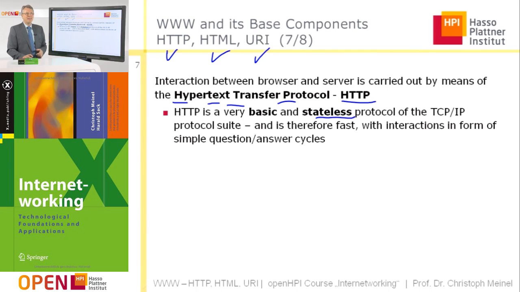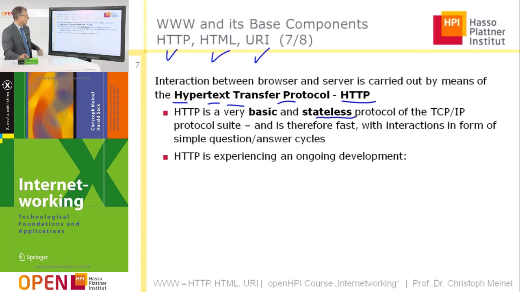And this fast interaction is done simply in the form of question-answer cycles. Request, answer, request, answer. Request the document, answer, send back the document, or send back a failure, an error message saying the document is not available or you are not authorized to use it. Such simple question-answer cycles, request-response cycles, are implemented by the HTTP protocol.